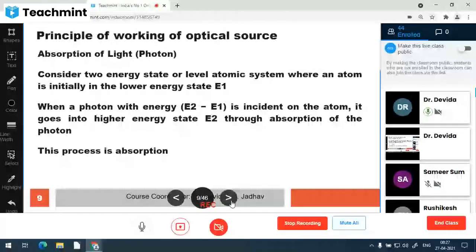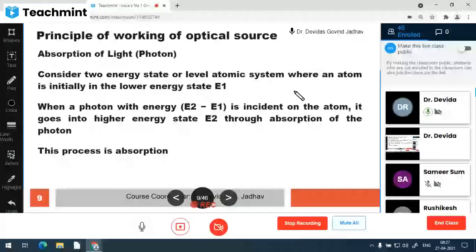Then the principle of working of optical source again: absorption of light. Consider two energy states, conduction state energy and valence state energy, and the system is an atomic system, and the atom is initially at lower energy state.